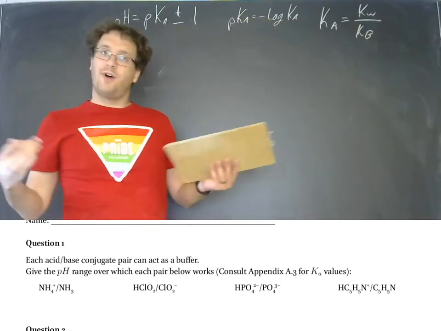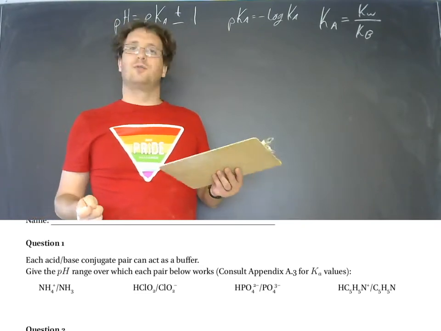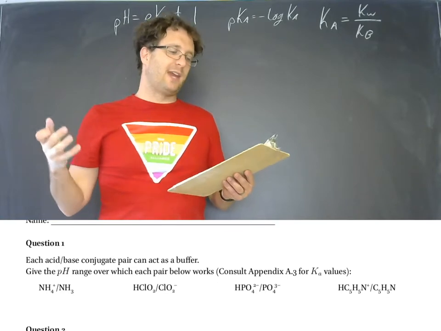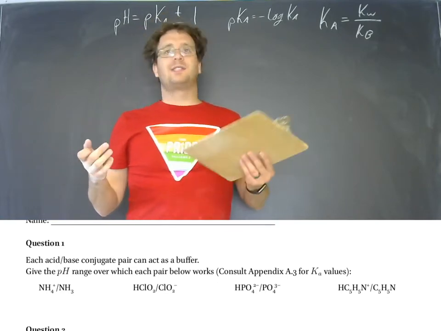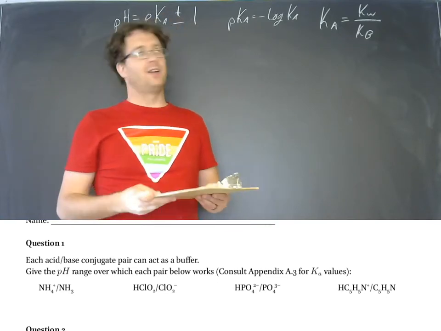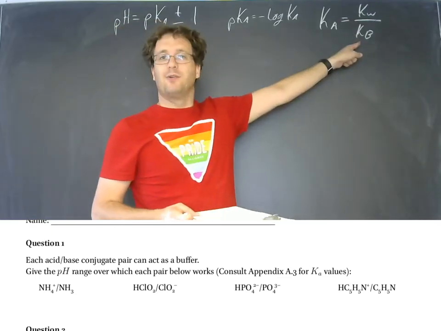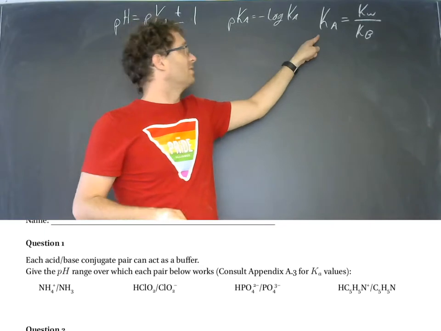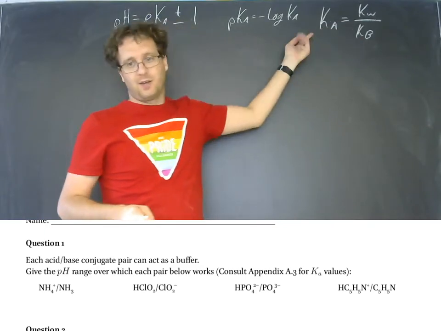So you'll find those two bases, NH3 and C5H5N, in the second half of appendix A3, and you'll find their Kb value.